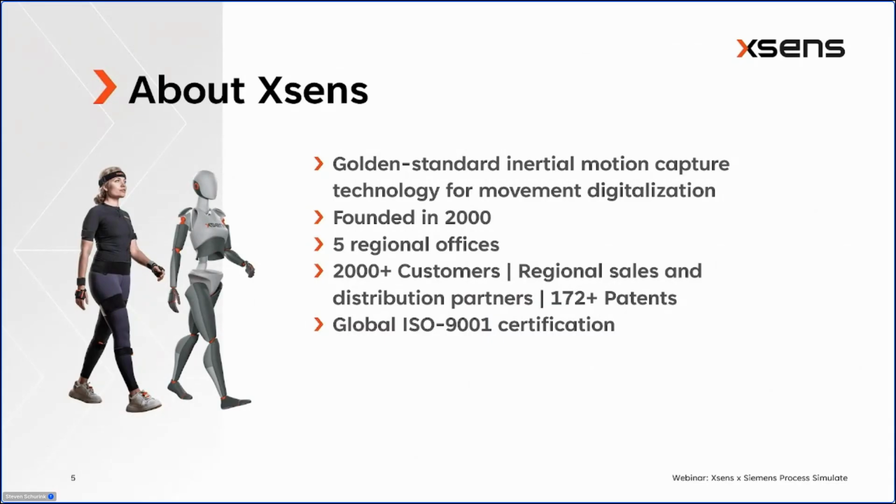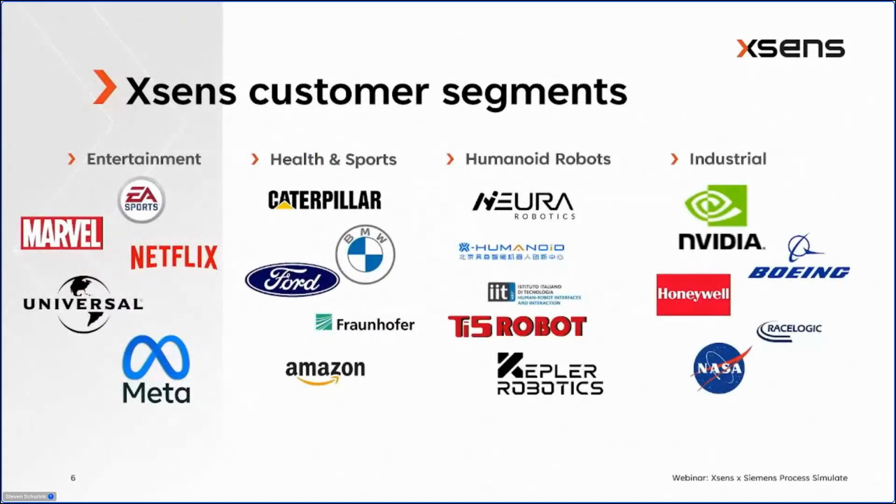With this global operation, we also have a global ISO 9001 certification. We work for a couple of market segments: the entertainment market, health and sports, humanoid robotics, and the industrial market segment. And the topic of today, ergonomics, is a large part of our health and sports segment.